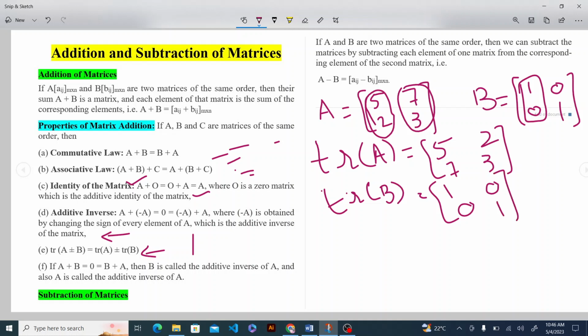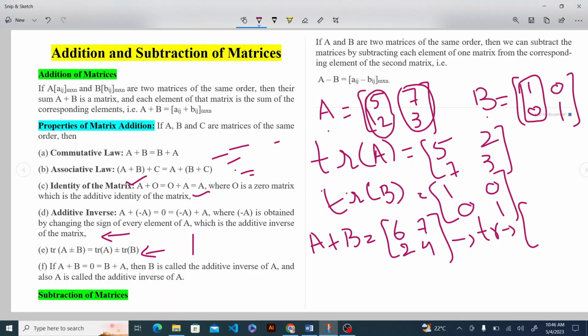Now as we have got the transpose, let us prove the property. For the left hand side, we will add A plus B. A plus B will be equal to 5 plus 1 is 6, 7 plus 0 is 7, 2 plus 0 is 2, 3 plus 1 is 4. Okay, and now if we take its transpose, it will be 6 2 7 4.